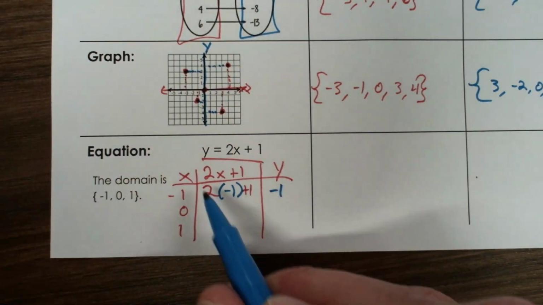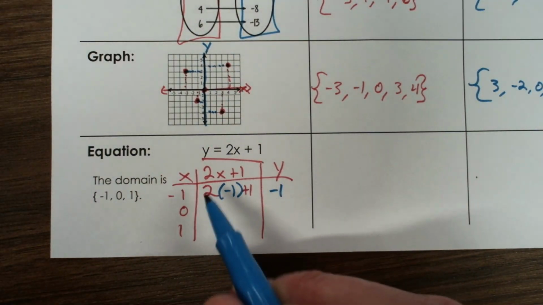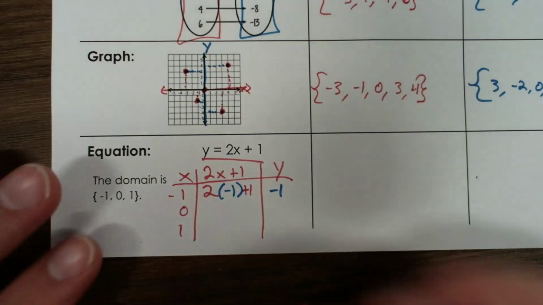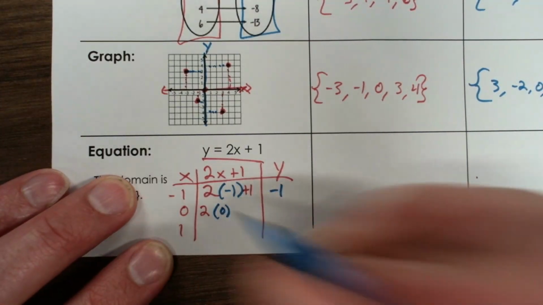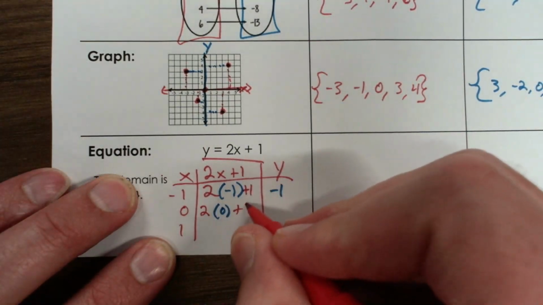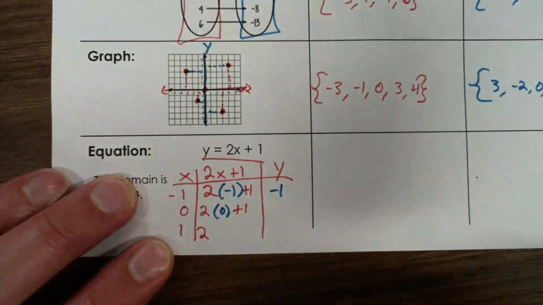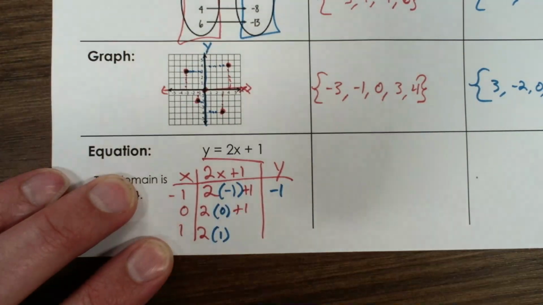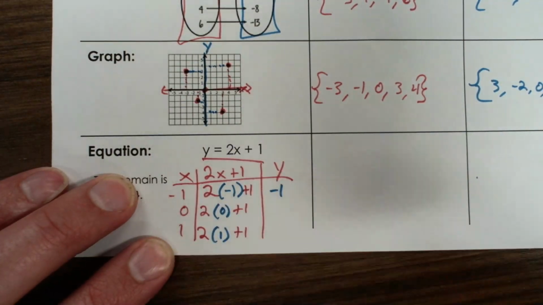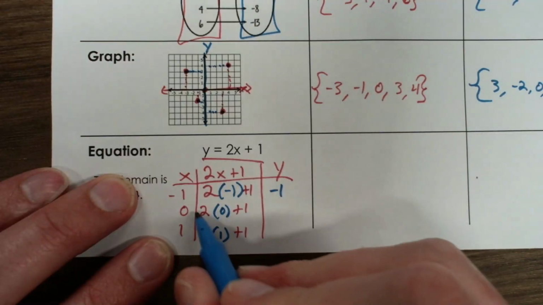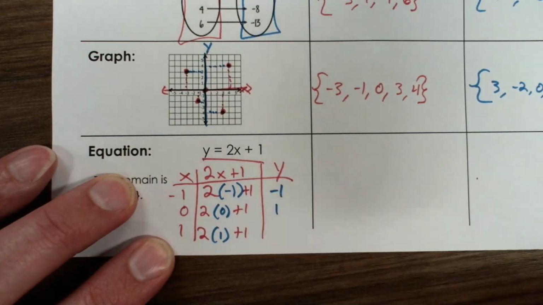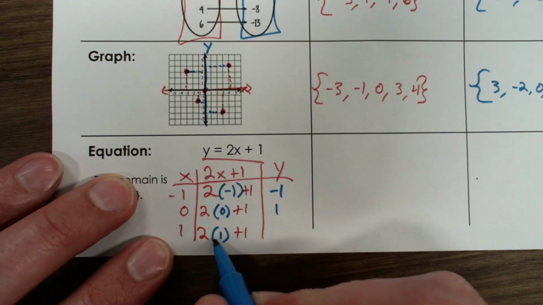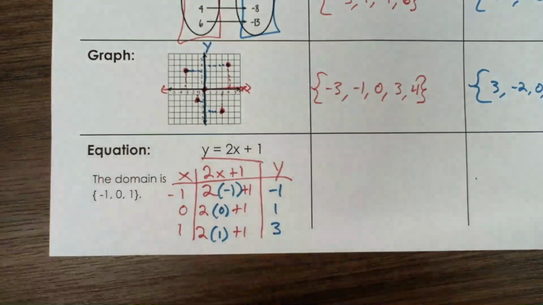We can also plug this into Desmos, and it'll give you your answer as well. 2 times 0 plus 1, 2 times 1 plus 1. All right. Anything times 0 is 0, so this zeros out, and we have plus 1, so this is 1. 2 times 1 is 2, plus 1 is 3.